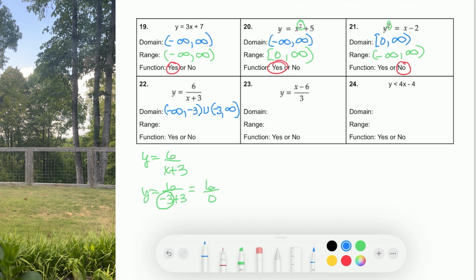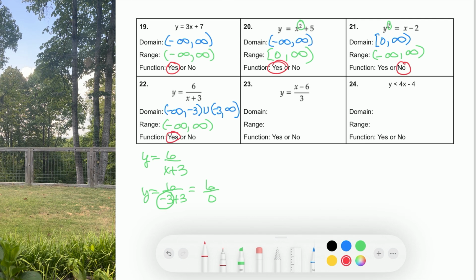So this is telling the person that reads this, every number is a part of the solution except for -3. Now let's talk about our range. There's no limit to our range in this situation, so we can put -infinity to positive infinity. Is this a function? For every x, will we have a unique y? Yes.